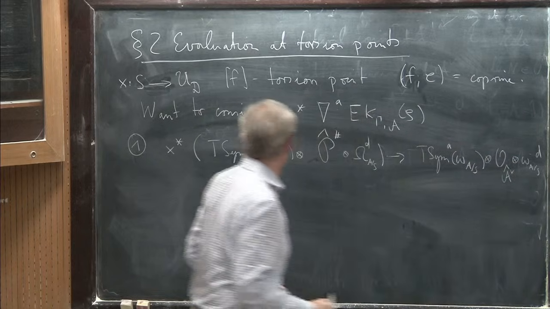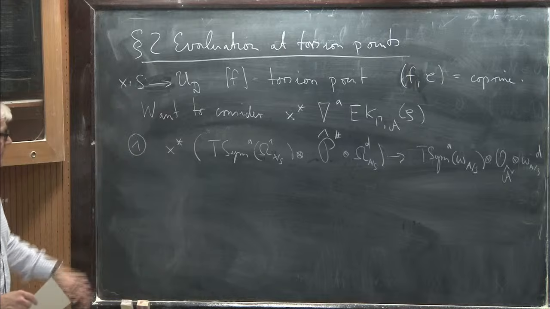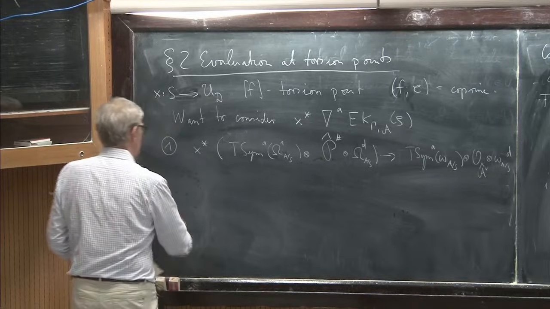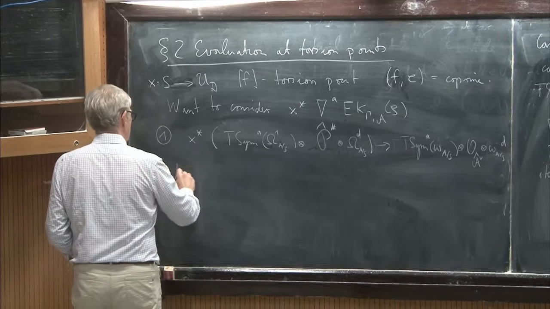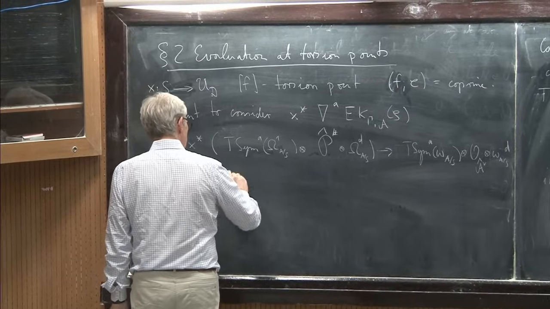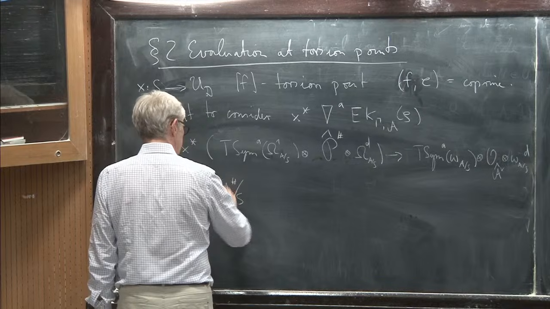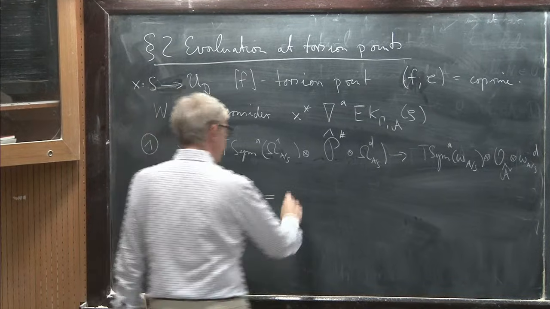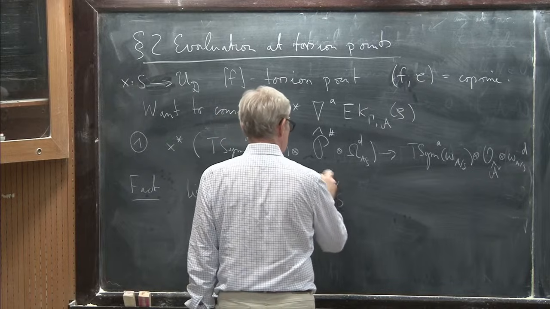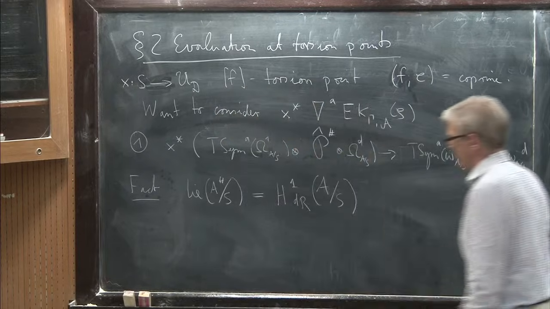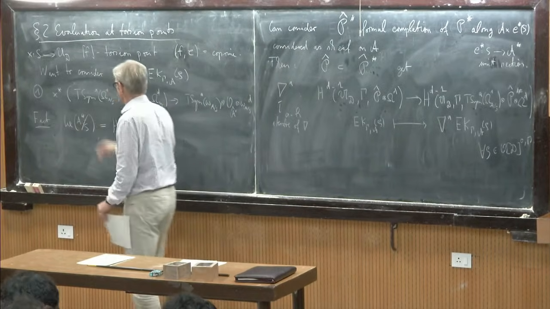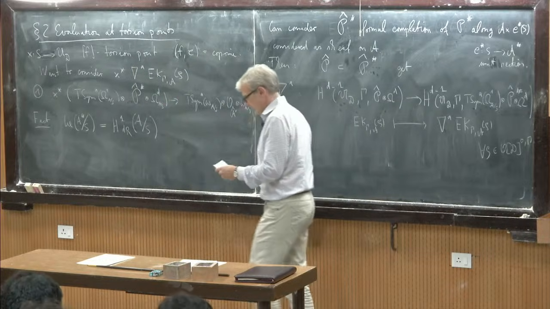And now I have to recall some facts about abelian varieties with complex multiplication and their Hodge decomposition. So, facts. The first fact is the Lie algebra of the universal vector extension over S is nothing but the relative first de Rham cohomology of A over S. That lies in the crystalline nature of this universal vector extension.